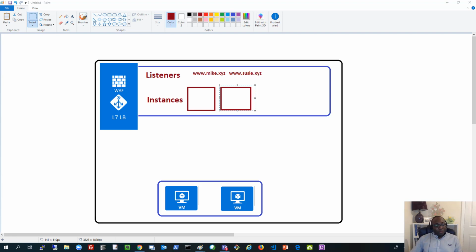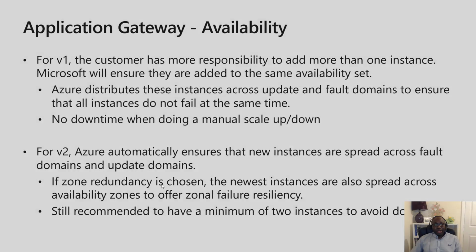So what about version 2? Let's talk about this very quickly. For version 2, Microsoft Azure automatically ensures that new instances are spread across fault domains and update domains. What does that mean? If I select the auto scaling capability of Azure Application Gateway version 2, Azure will ensure that the new instances that are added are spread across fault domains and update domains.